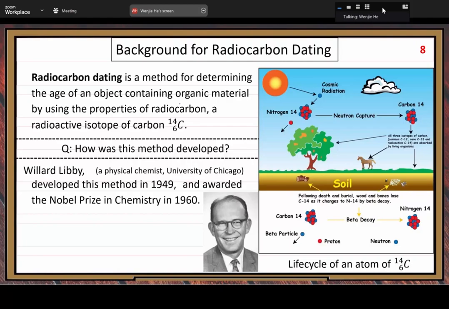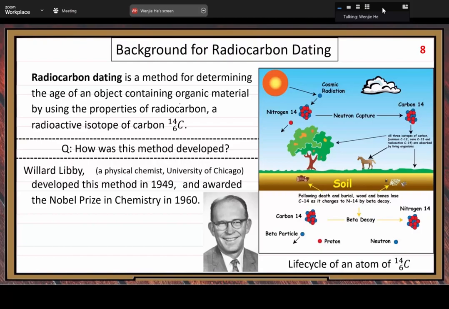The level of carbon-14 is stable and also at the highest level for those organisms. Stable means no decay, because of recycling.